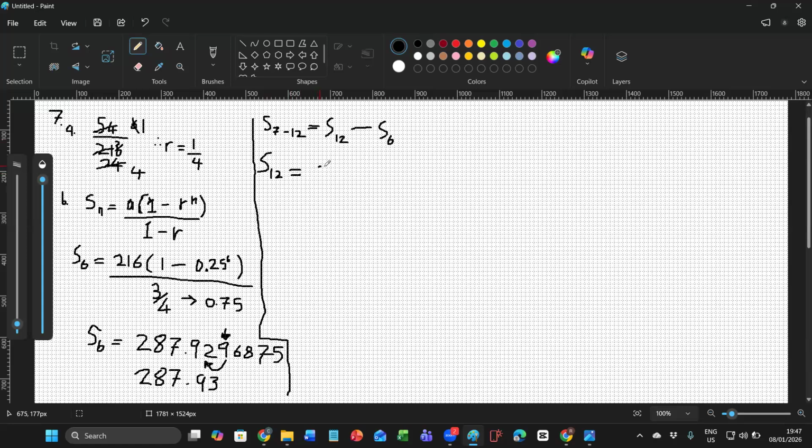So that's still 216. It's still the same sequence, so we're rolling with the same first term. 1 minus the same 0.25, but this time it's raised to power 12, right?